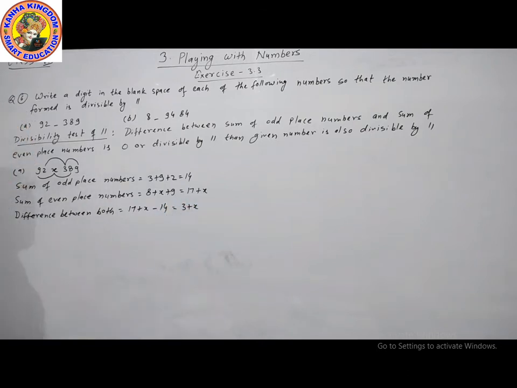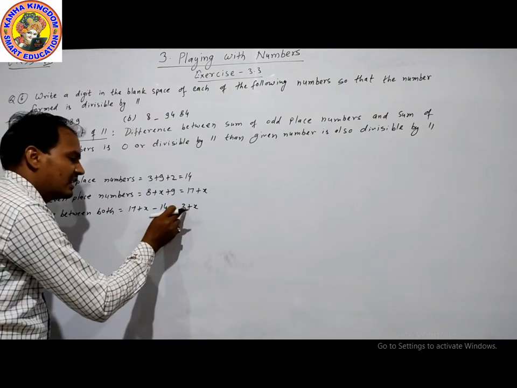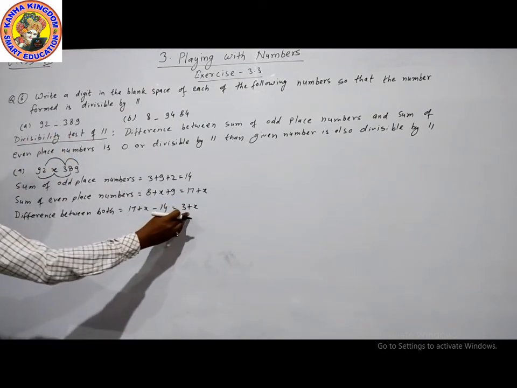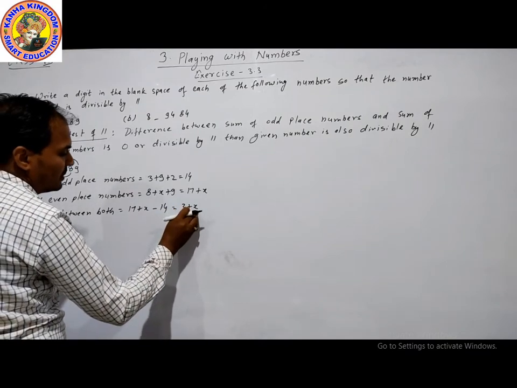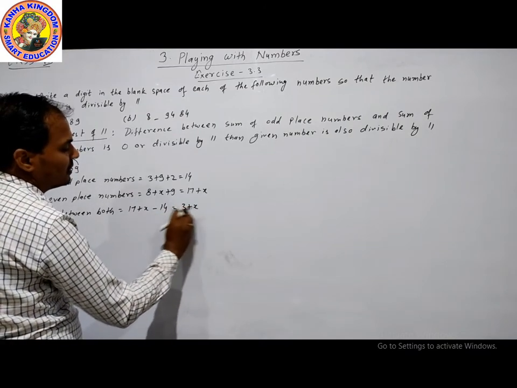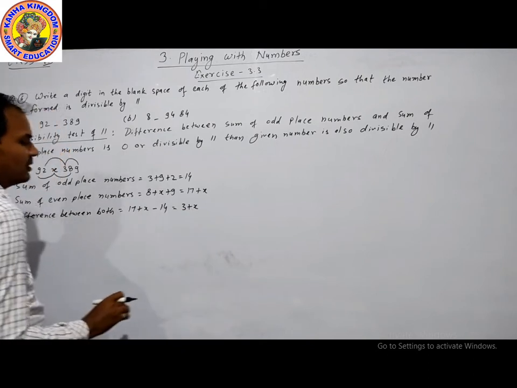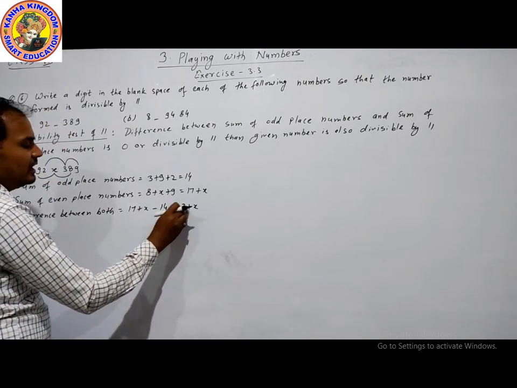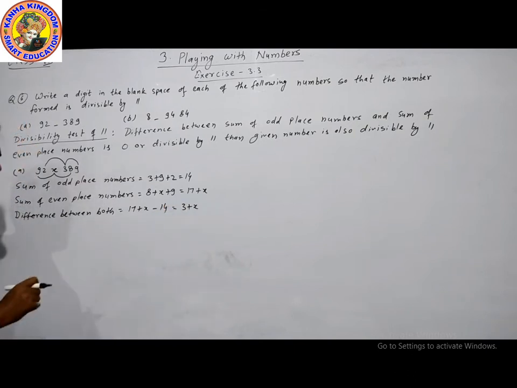For what value of x can the number divide by 11? What will be added to form a number divisible by 11? So we will put here 8. 8 plus 3 is 11. 11 can divide by 11.